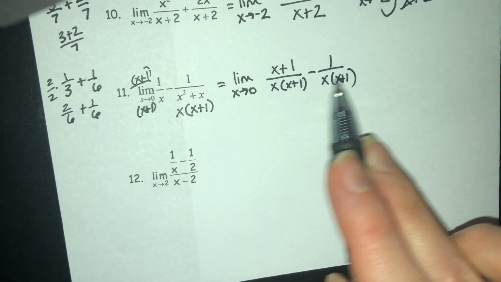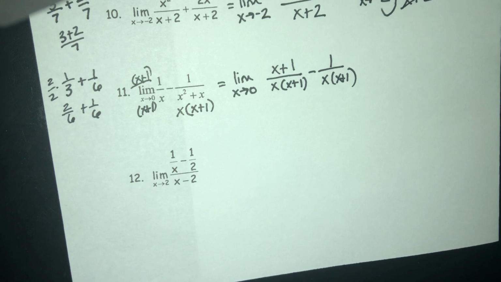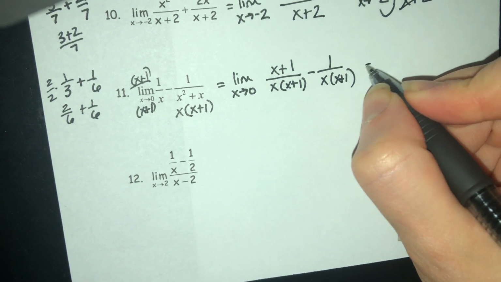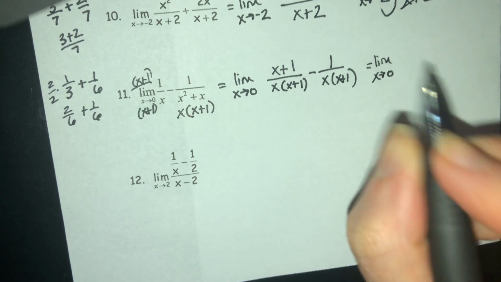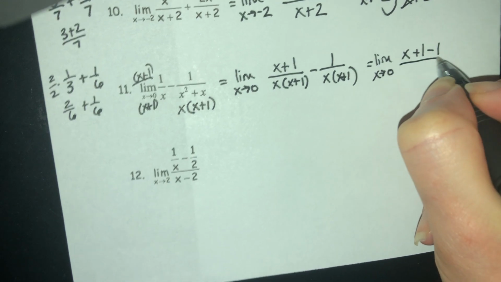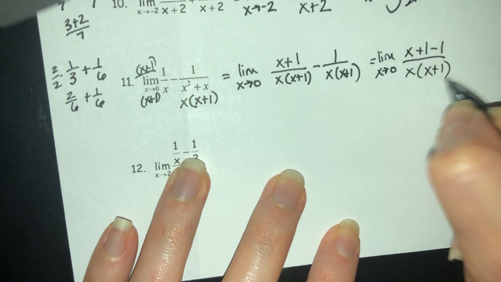And now that I have a common denominator, I can combine those two fractions by keeping the denominator the same and subtracting the numerators. So the limit as x approaches 0 of x plus 1 minus 1 over x times x plus 1.